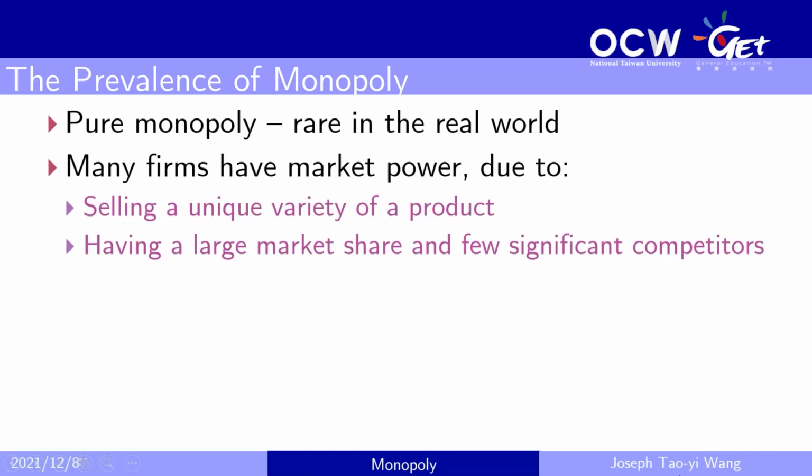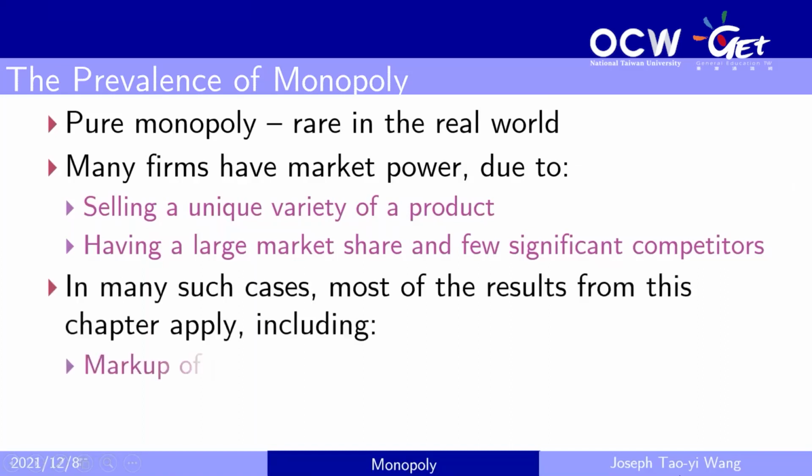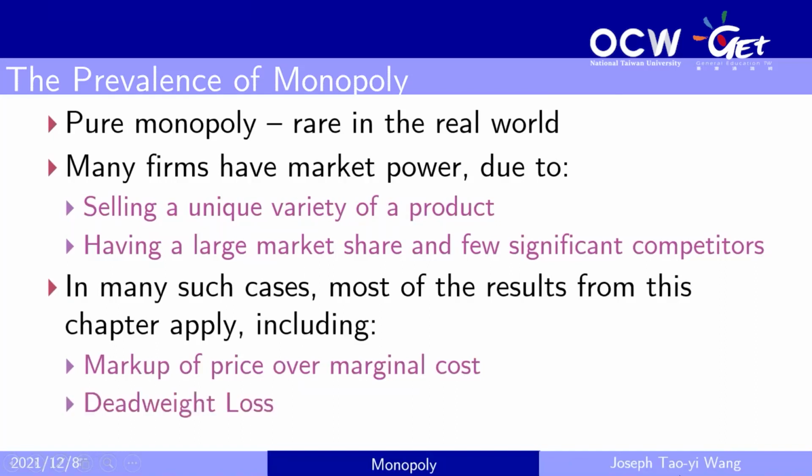Chunghwa Telecom is not the only seller of cell phone services, but it has such a huge market share that it does have market power. And so every time Chunghwa Telecom sets the prices, the other companies are all affected by it. So if you have a large market share and you don't have that many viable competitors, then this firm does have market power. In many of these cases, and you can find a lot of them, the results of this chapter apply. For example, you'll be pricing above marginal cost, so you have deadweight loss. These things would still apply.